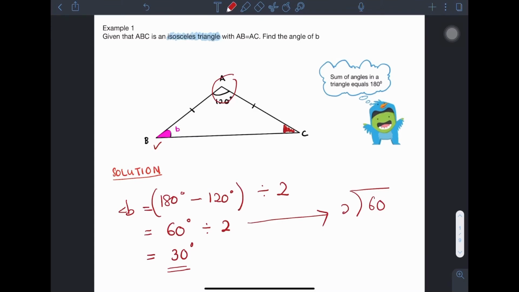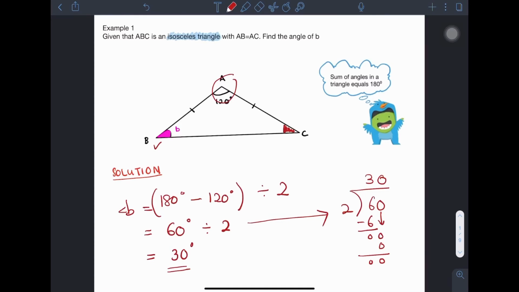You take 60 divided by 2. 3 times 2 is 6, so you just minus them as usual. We bring down 0, and 2 times 0 is 0, so we minus them as usual. So the answer for example 1 is 30 degree.